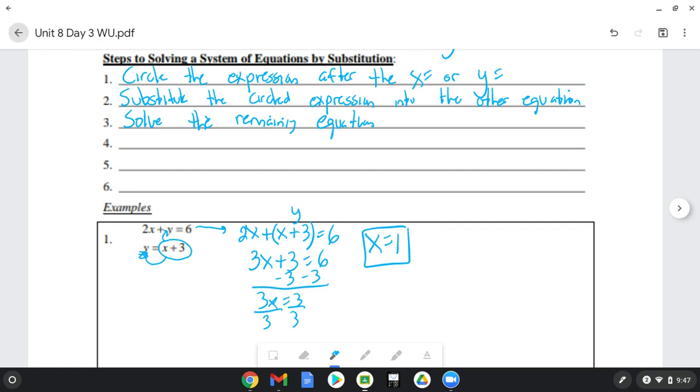So now step 4 is we're going to substitute the answer that you got from step 3 into the circled expression. And that was from step 1. So we circled this x plus 3.